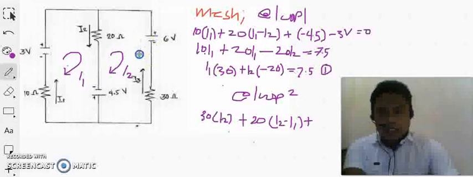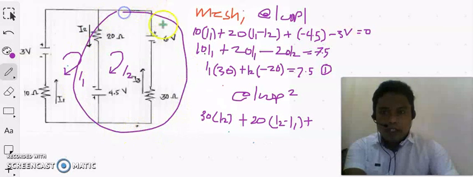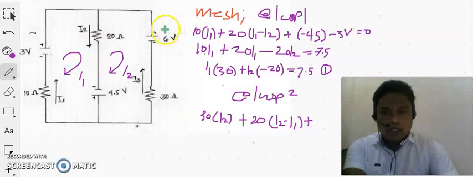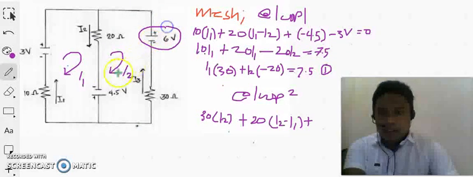Plus, next for this loop we have only two sources: this is 6 volts and this is 4.5 volts.